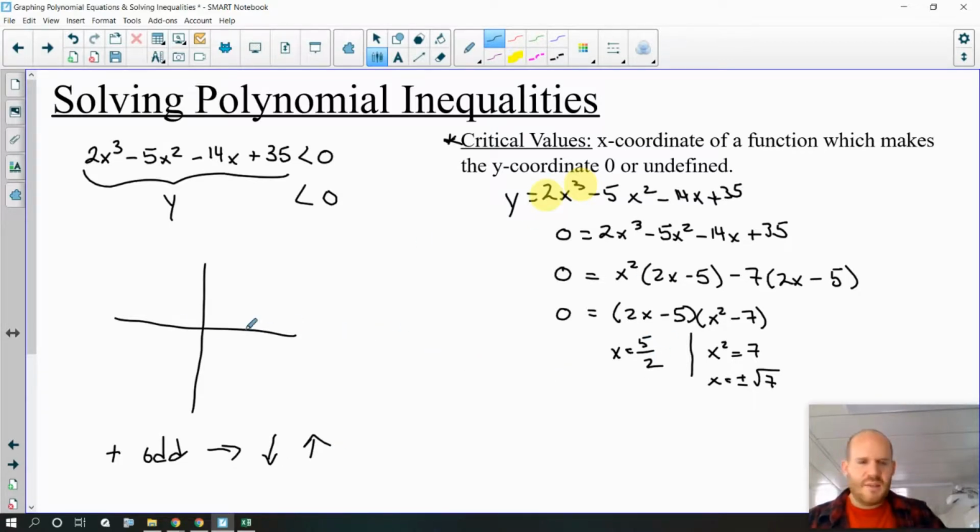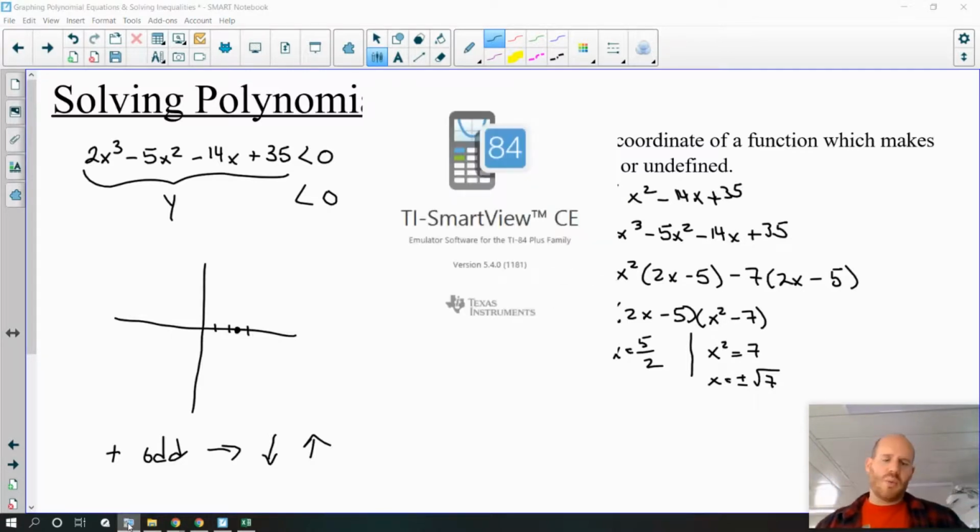So 5/2 is about 2.5. I'll go 1, 2, 2.5 would be about there. And the square root of 7 is somewhere between 2 and 3 as well. It's a little bit bigger than 2.5. If you're unsure about the value of rad 7, we can use a calculator to approximate it to get a sense of where on the number line it falls.